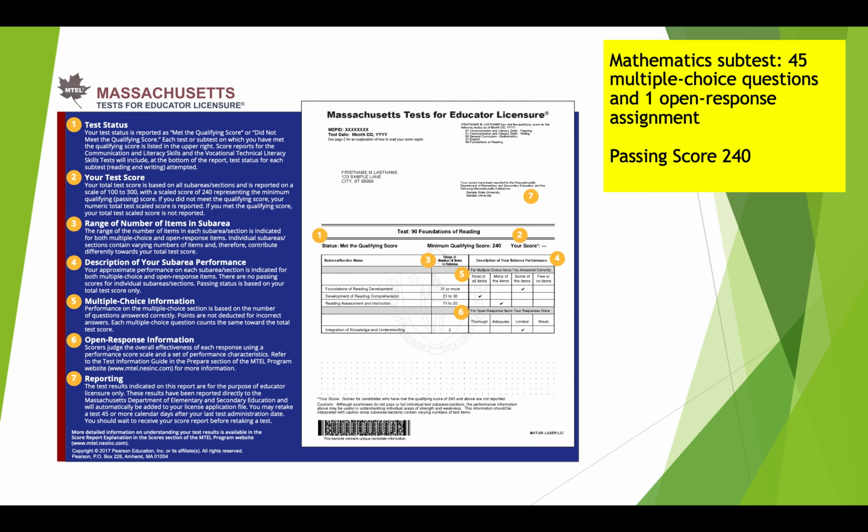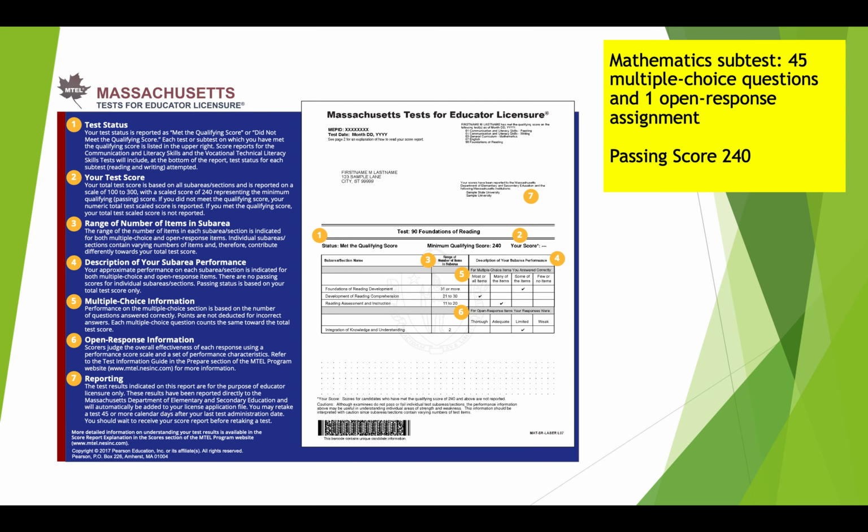3 is the range of number of items in each sub-area. So you'll see all 4 sub-areas and then the number of questions that assessed each sub-area. 4 shows you your description of your sub-area performance, so whether you got most of the items correct, many of the items correct, some of the items, or few or no items. 5 gives you that multiple choice information, so how many you answered correctly.